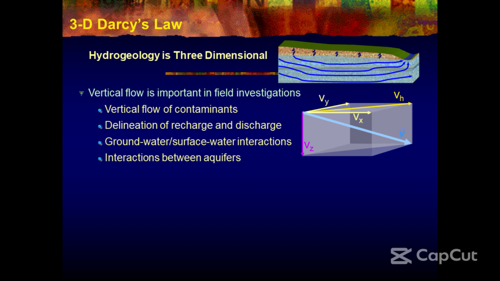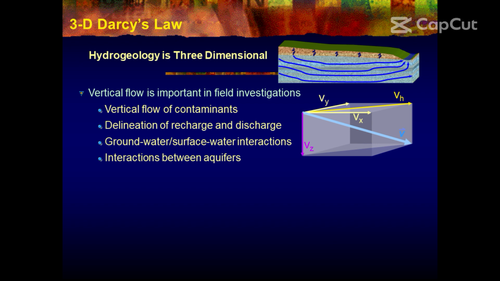Although vertical flows are small, I mean the magnitude is way smaller than the horizontal flow, they are also important in that in some instances we cannot ignore them. What am I saying? In some instances we can just ignore the vertical flow and consider it to be horizontal, but there are instances in which we have to consider all the components of the velocity.